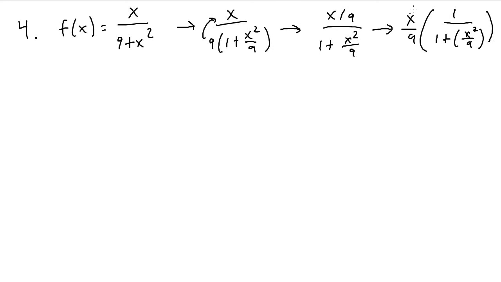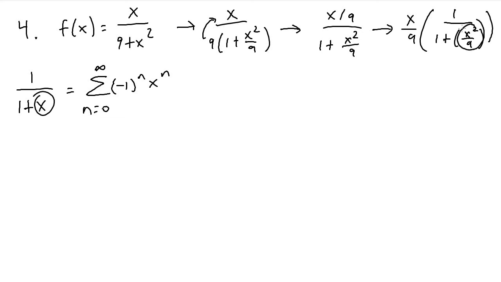And so if we ignore x over 9 just for a second, and we focus on the inside, notice the inside is similar to the function 1 over 1 plus x. And we know the series of that is, once again, from 0 to infinity of negative 1 to the n times x to the n. But instead of having x, we have x squared over 9.